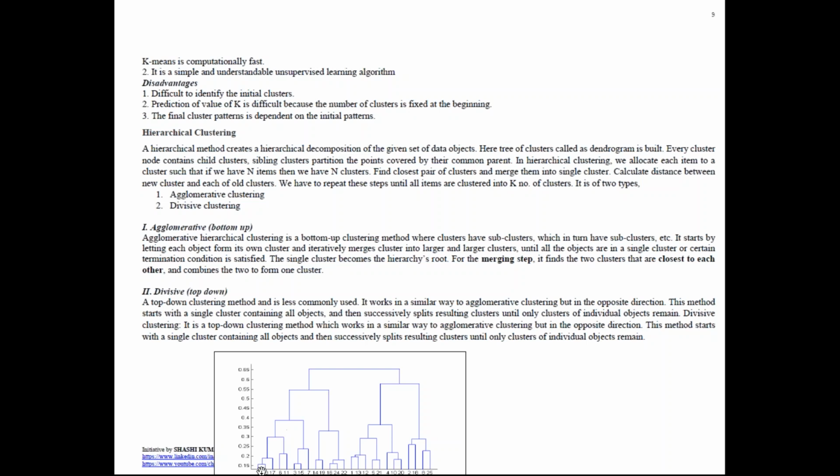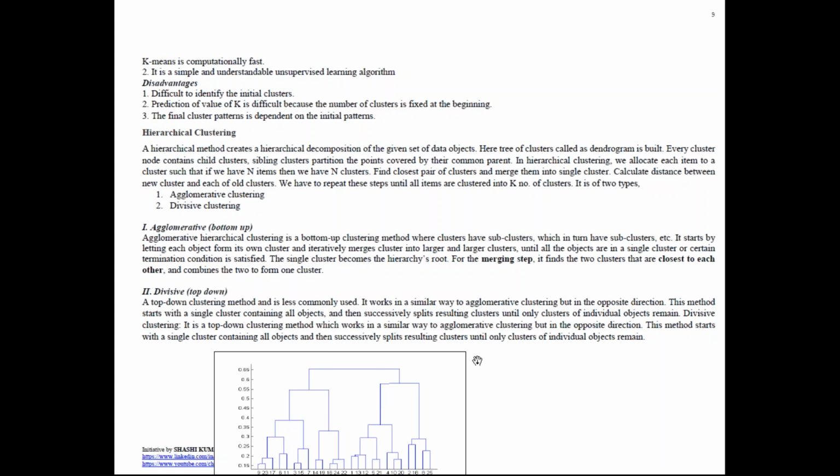So from all the samples to another cluster, then another cluster, and so on till the entire data set. It repeatedly merges clusters into larger and larger clusters until all the objects are in a single cluster or a certain termination condition is satisfied. The single cluster becomes the hierarchy's root. That is the root here at the top. By that time, all the data set has merged together.